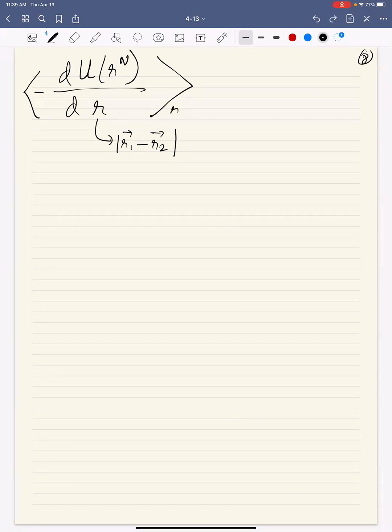We don't know what it is. We are going to differentiate it with respect to small r, where small r is equal to r1 minus r2, this distance. We will take a minus sign and we will average it over r3, r4, r5, everything else, keeping r1.